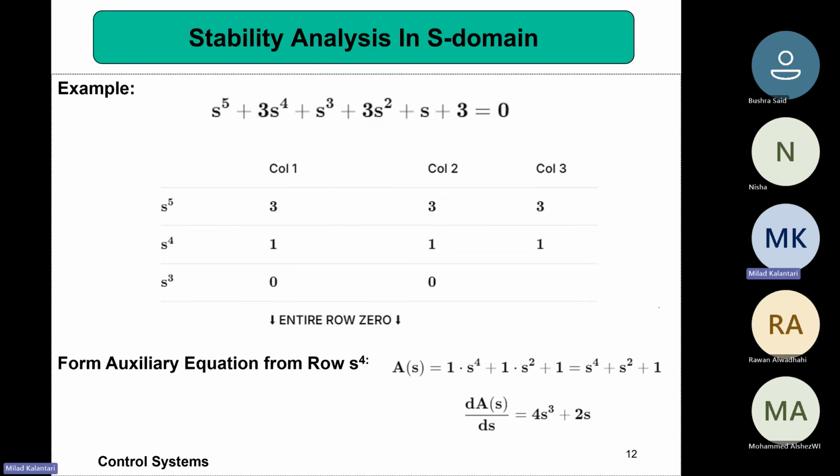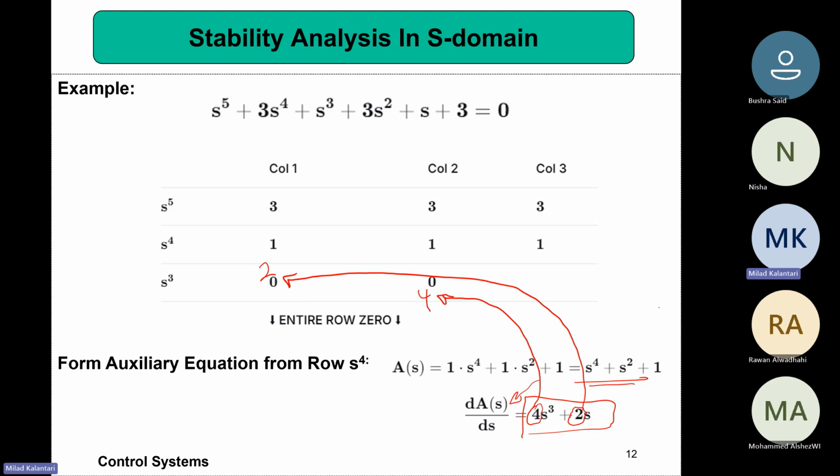Okay, so now we reach to this auxiliary equation on top and then take a derivation and we come up with this. And here we put this 2 over here and this 4 to here instead of the 2, 0. And then we will continue, right?